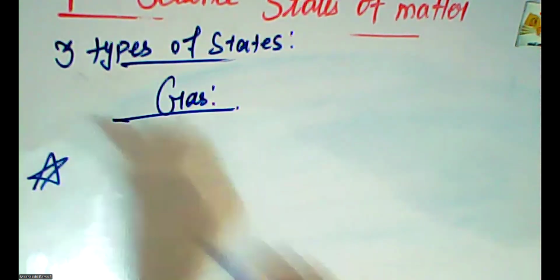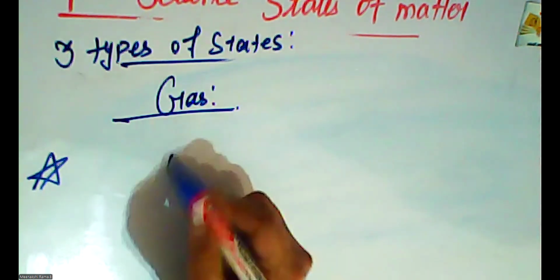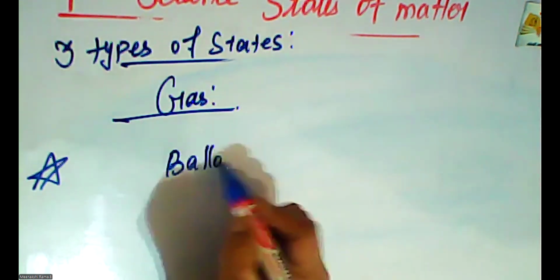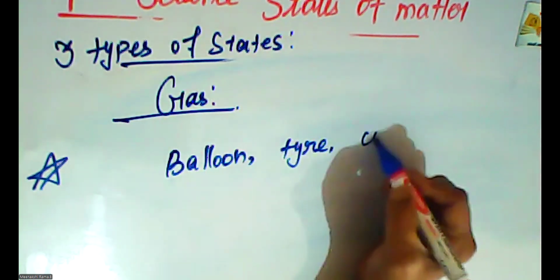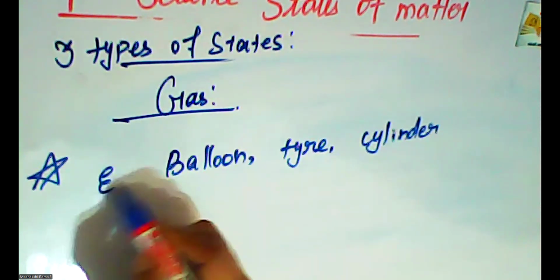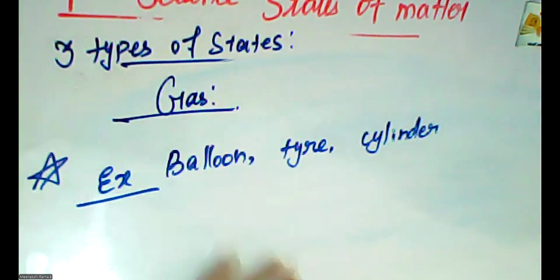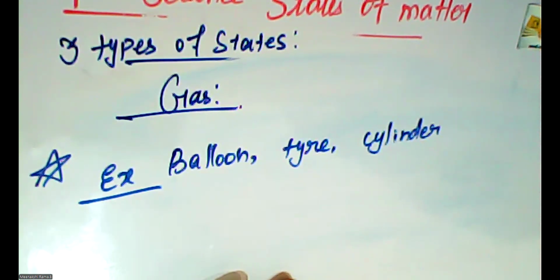What are the main qualities of gas? What are the examples? Balloon, tire, and cylinder. These are all examples of gas materials.